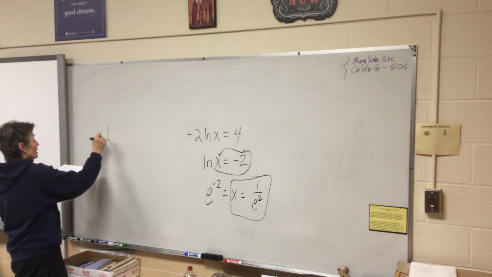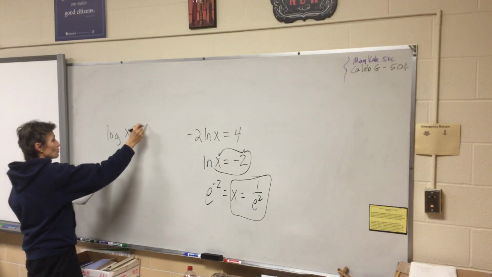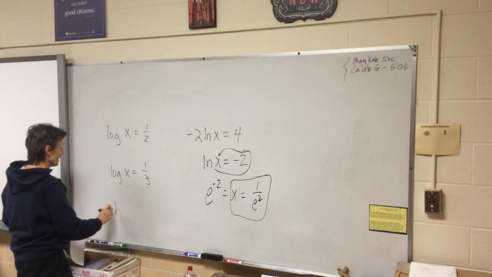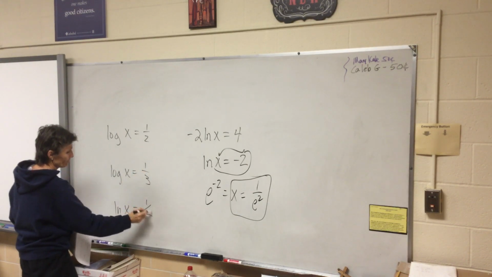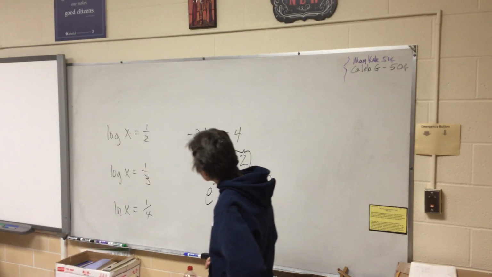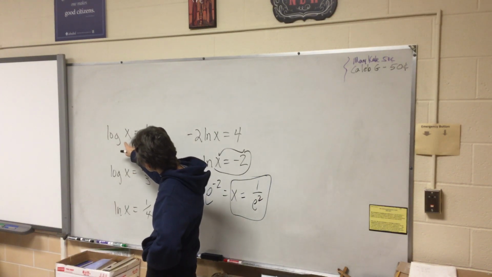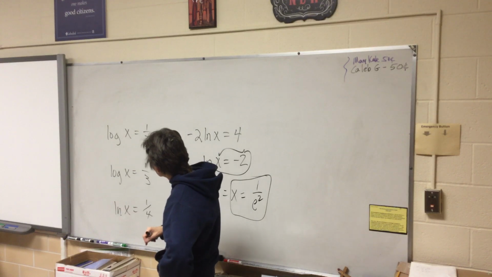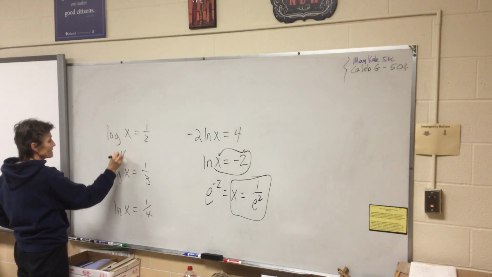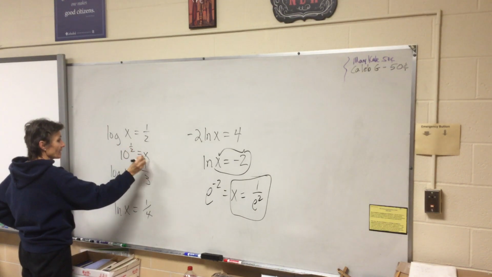All right, log x equals 1/2, log x equals 1/3, ln x equals 1/4. Remembering that the base here is 10, translating this into exponent form would be 10 to the 1/2 equals x.